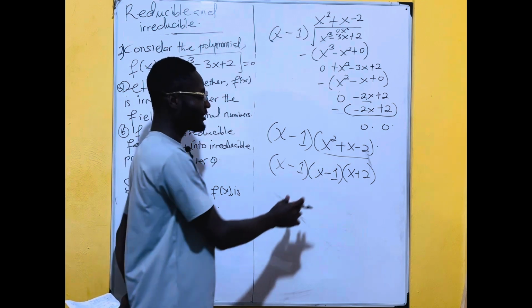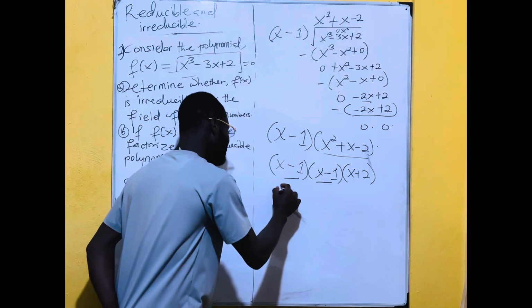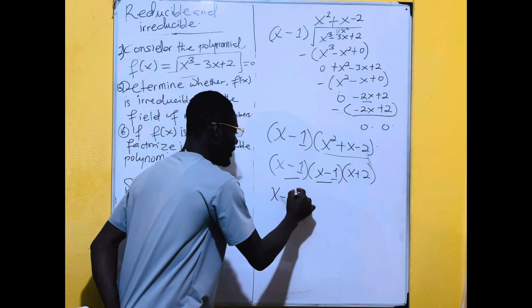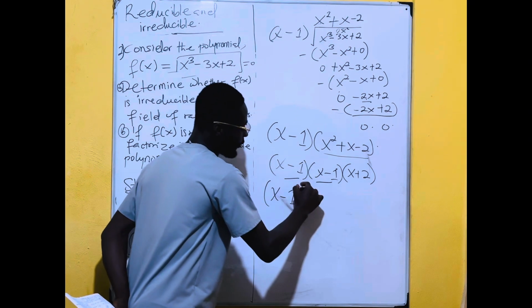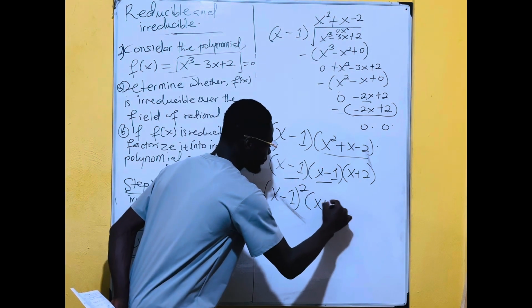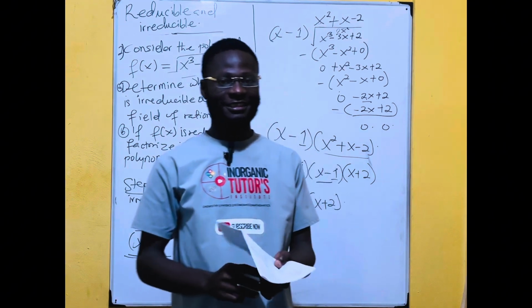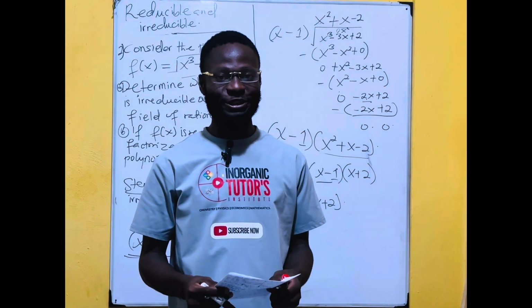In here, we are seeing some interesting items. This and this, they are the same. So it means that you're going to have x minus 1 squared. Great. Then you have x plus 2. That is so beautiful.